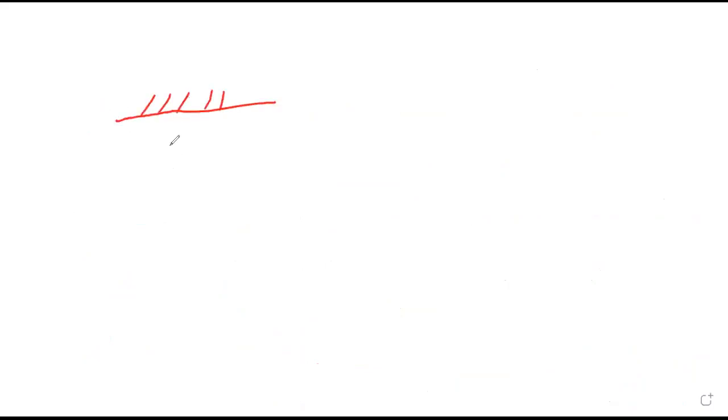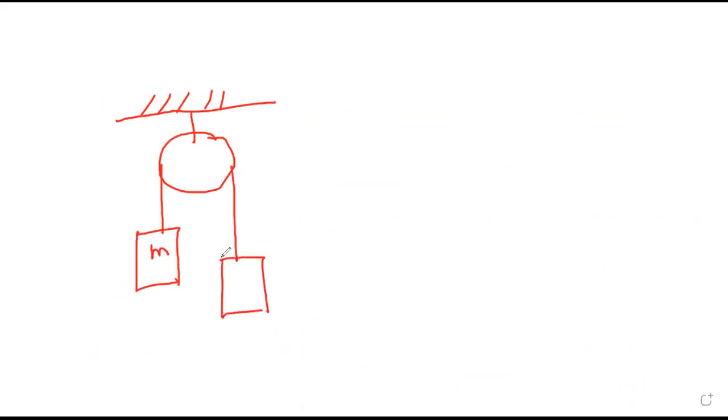Suppose this is a pulley. Here we have masses m1 and m2. We are interested in the forces acting and drawing the free body diagram. Its weight is acting downward, m1g, and for the other, weight downward, m2g.